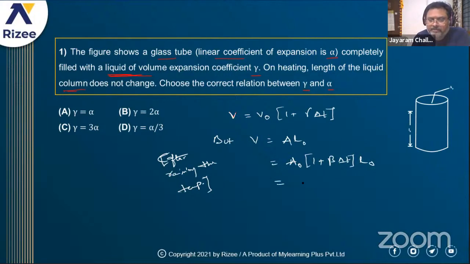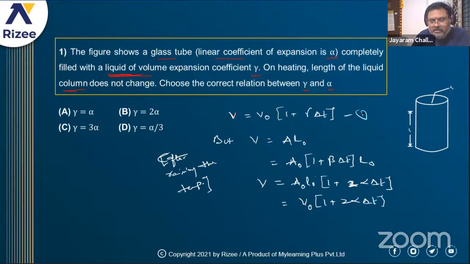So area A naught into length L naught into 1 plus beta, which is 2 alpha, into delta T. So the volume after the rise in temperature is V naught, the initial volume, into 1 plus 2 alpha delta T.